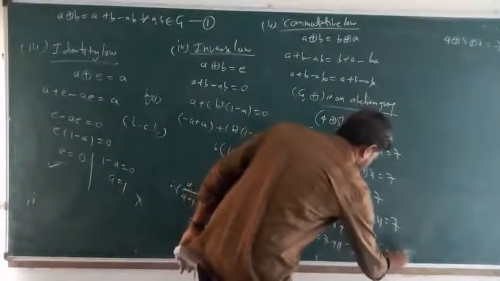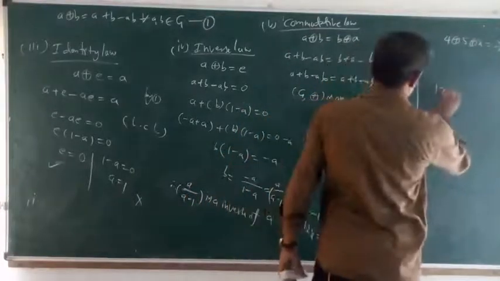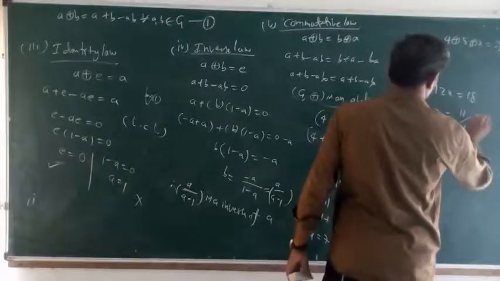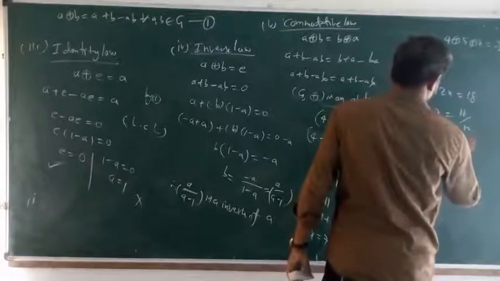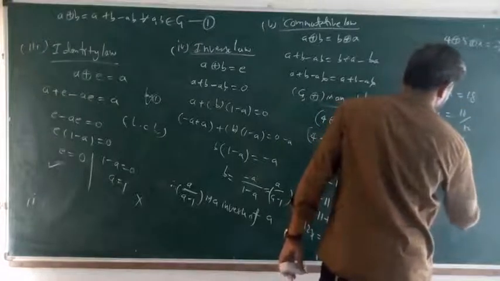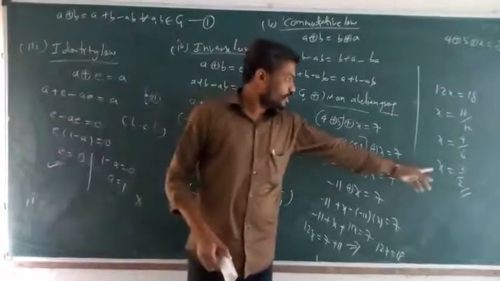So 12x is equal to 18. Finally, x is equal to 18 by 12. So x is equal to 9 by 6 and x is equal to 3 by 2. So this is the x value.